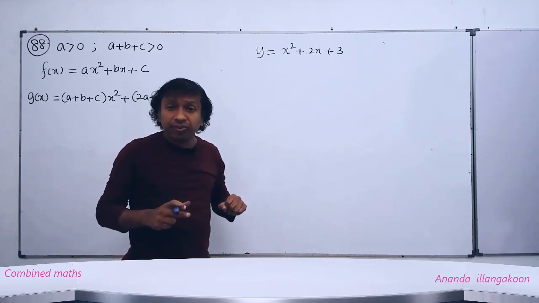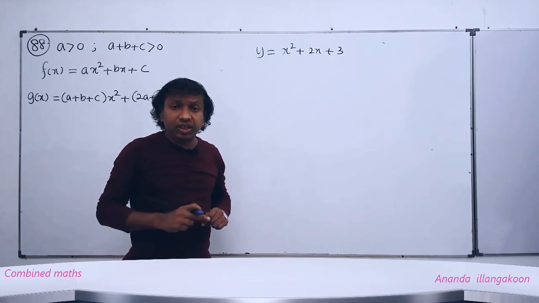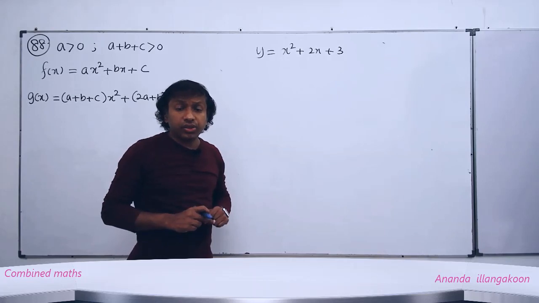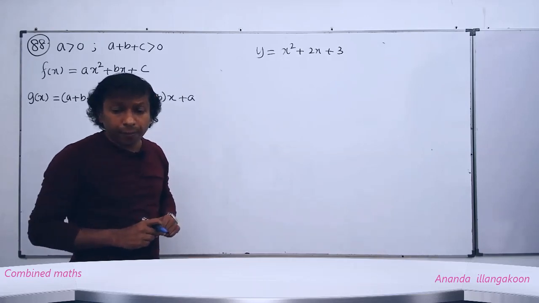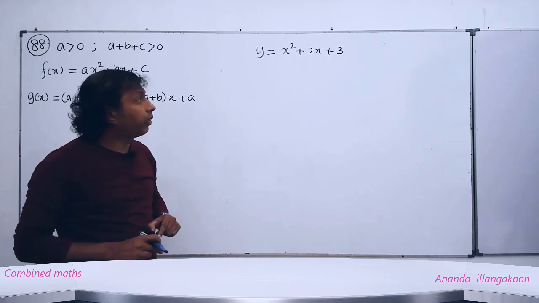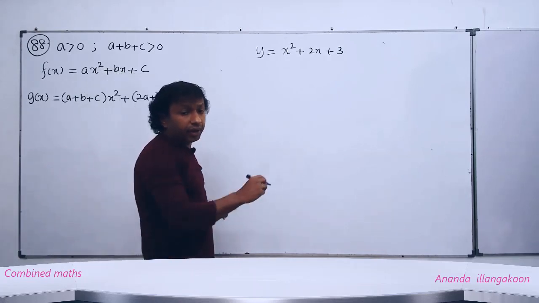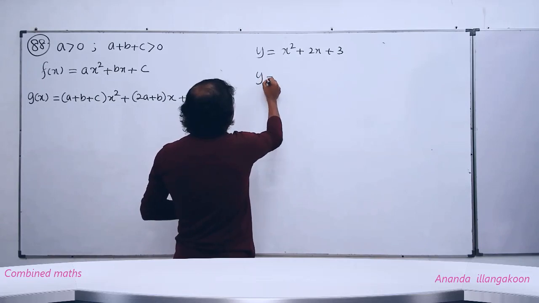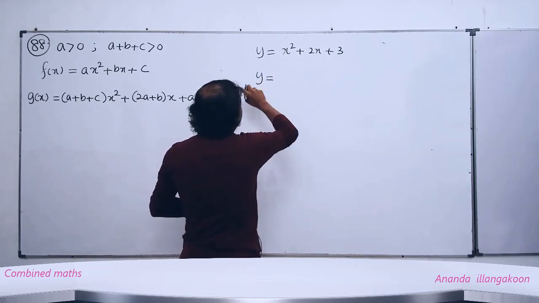We used there, people, the completing the square method. In the completing the square method, people, we said definitely this x squared coefficient should be plus 1. Then we can write, people, here: x squared coefficient is plus 1.